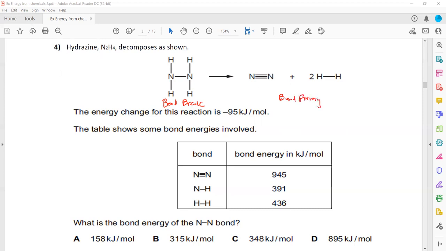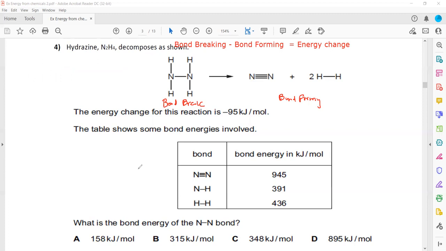And bond breaking minus the bond forming is equal to energy change. If a reaction is exothermic, energy change will be negative. If the reaction is endothermic, the energy change will be positive. So bond breaking minus bond forming is always equal to energy change.